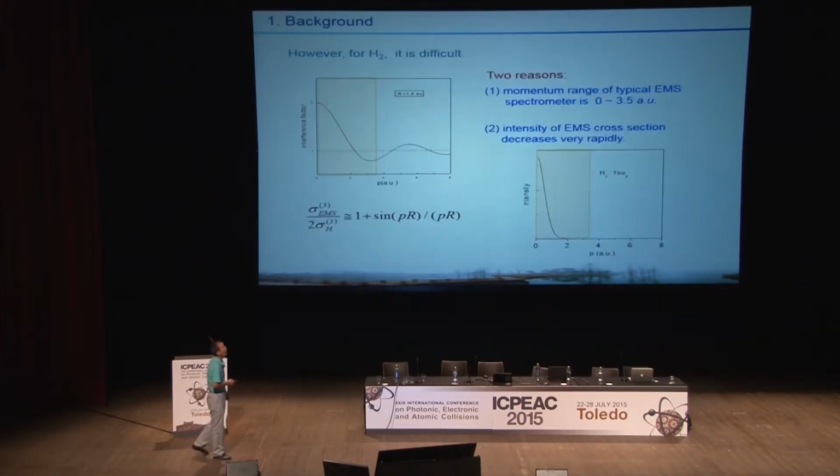But for the H2 molecule it is very difficult. There are two reasons. One is that the momentum region of a typical EMS spectrometer is relatively low, maybe from 0 to 3.5 atomic units. The other is that the cross section drops very rapidly at large momentum.